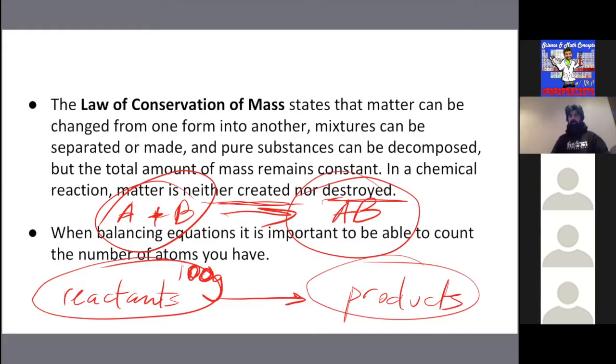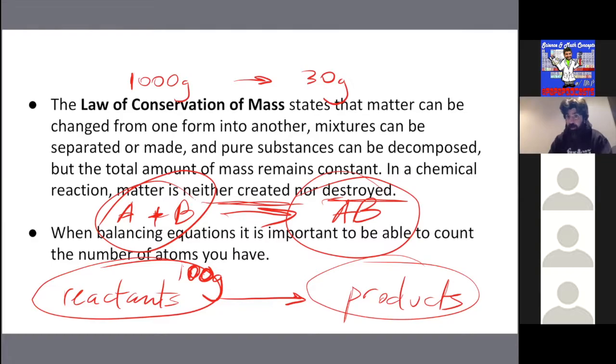One of the questions I give in the assignments, I don't know if I gave it in your assignment this year, but I asked that we burn something, I think it was like 1,000 grams of something, and in the end we only came up with 30 grams of a product. So the idea is that we start off with 1,000 grams, but we ended with only 30 grams. How can this be?